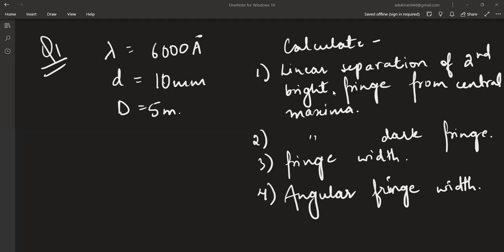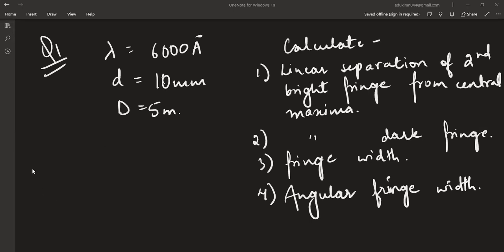Linear separation. Yn. Very good. We have to find Yn because that is the separation.